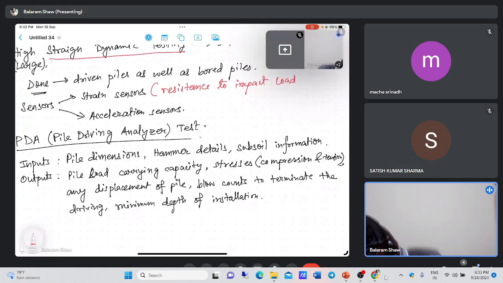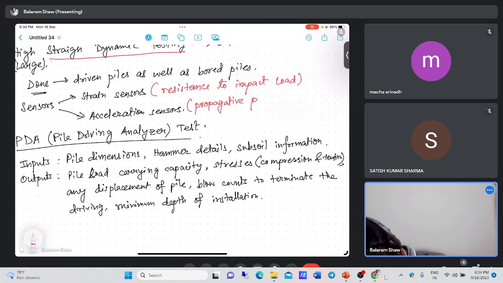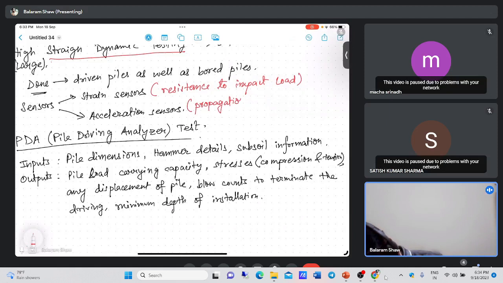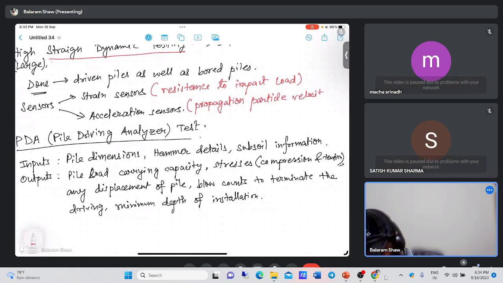And what is the purpose of the acceleration sensor? The main purpose of the acceleration sensor is to know the propagation particle velocity against the hammer impact through the pile material.